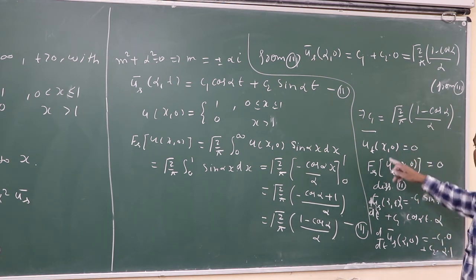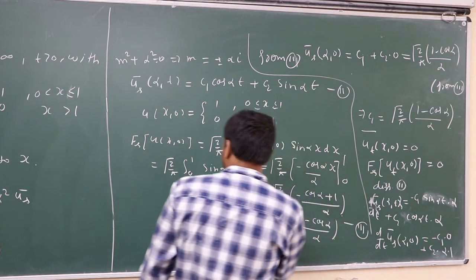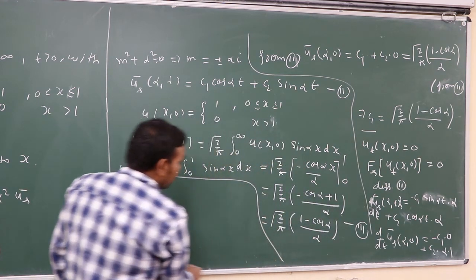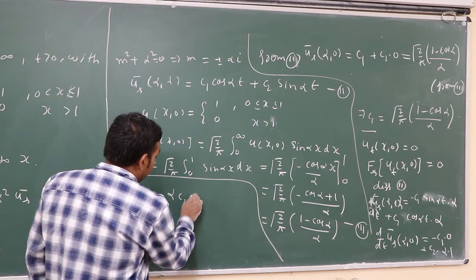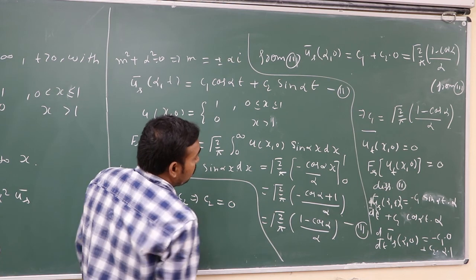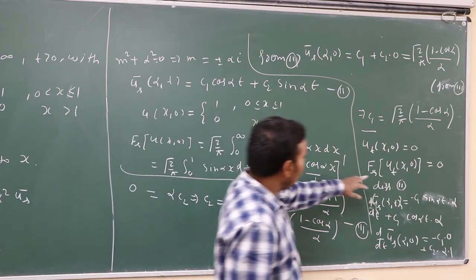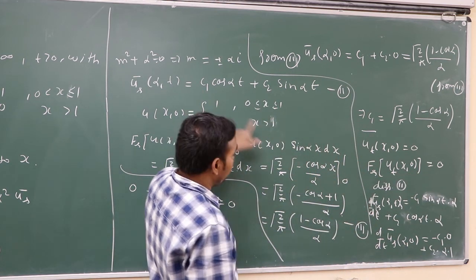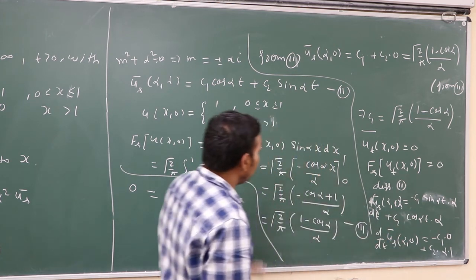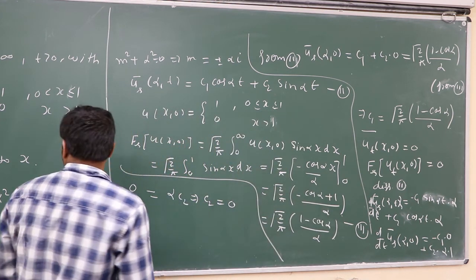And given that F s of u t x 0 equal to 0, we can write 0 equal to alpha c2, which implies that c2 equal to 0. From this and this, we simply get c2 equal to 0.